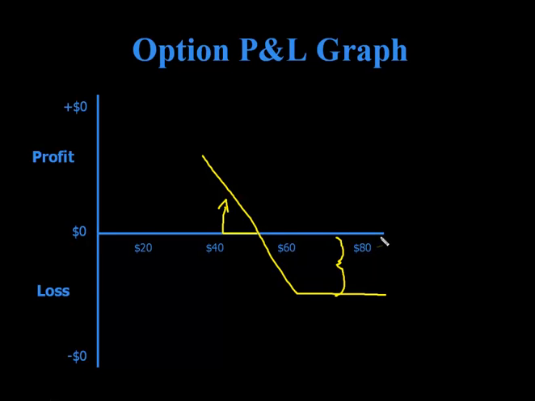When you buy a put, this right here is the price you paid for the put. Here's your break-even point right here. And once the contract hits your break-even point, you're making more money.